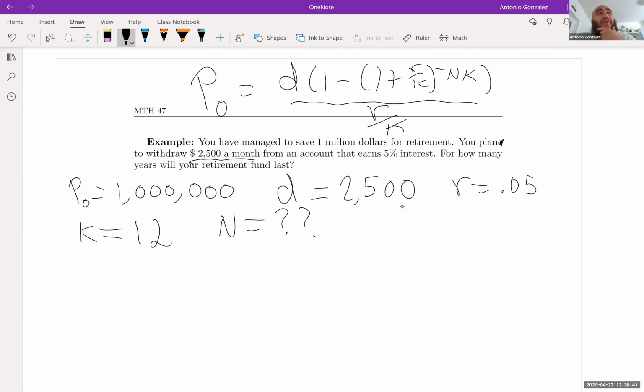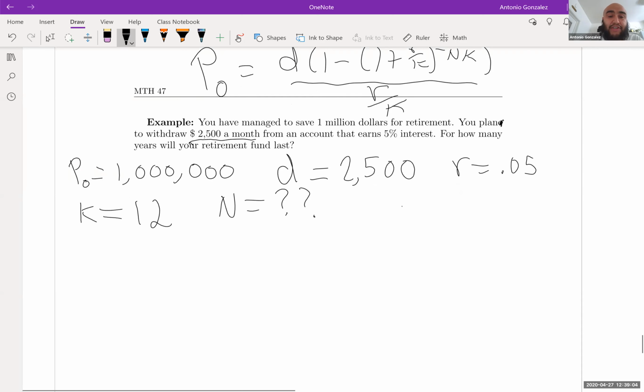As you'll notice, our unknown is in the exponent. That's a lot different than all of the equations we solved up to this point. Why don't we start solving it, and when we need this new tool, I'll bring it up. But for now, let's plug in what we know into our equation.